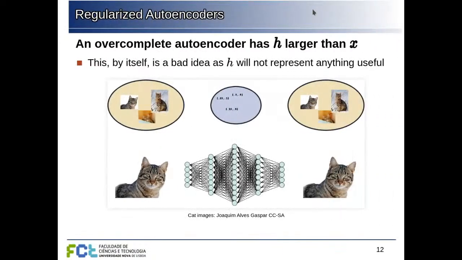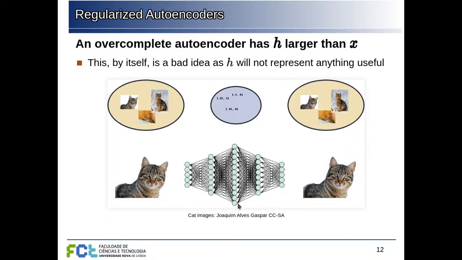Another possibility is to not constrain the size of that hidden layer, which can even be larger than the input. In this case, we have an overcomplete autoencoder, but in any case, we are not putting a constraint on the representation here via the model itself. It's not in the architecture of the model.